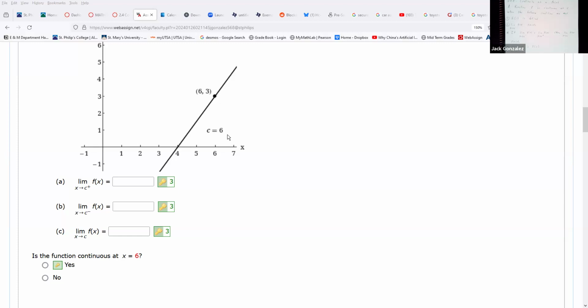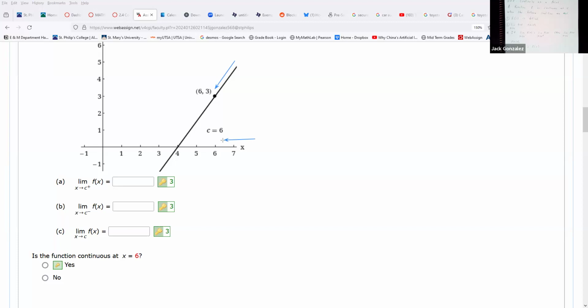Yeah, so it's going to be 3. You can see the point right there. Now, as we approach from the right side, the positive side, what number am I approaching on the y values? 3.